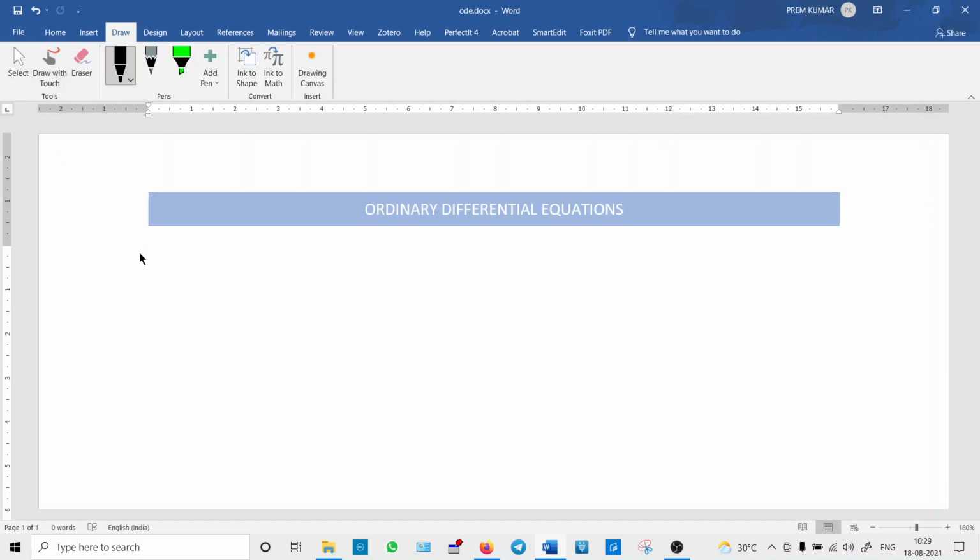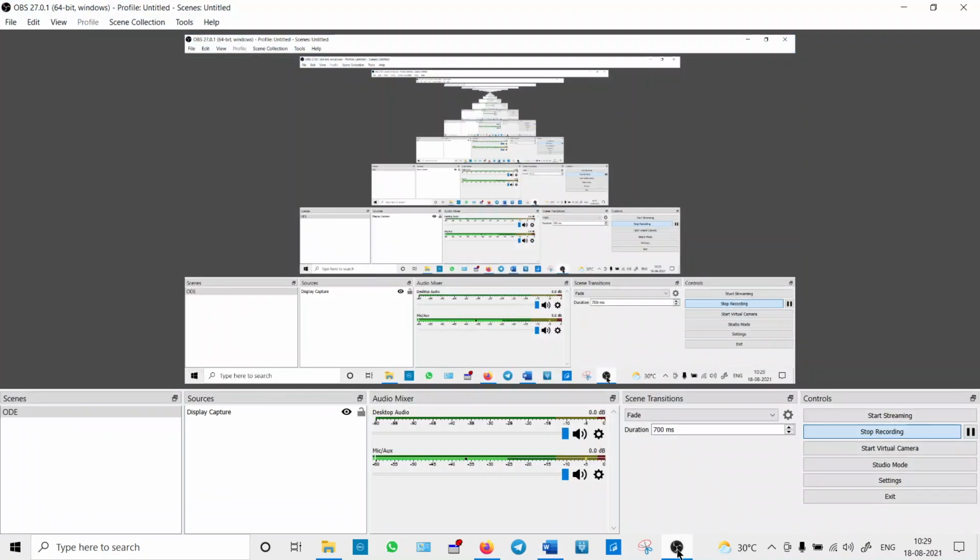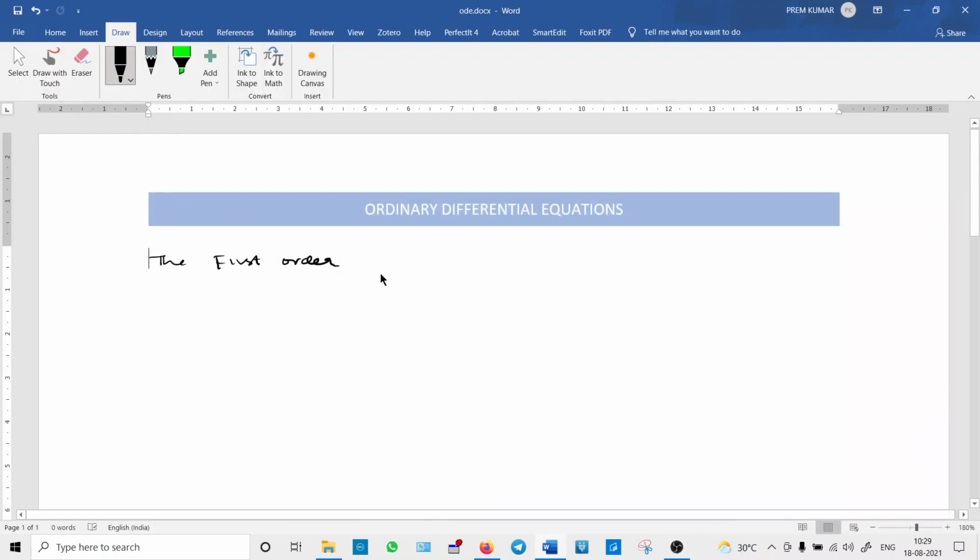So now see the first order differential equation.